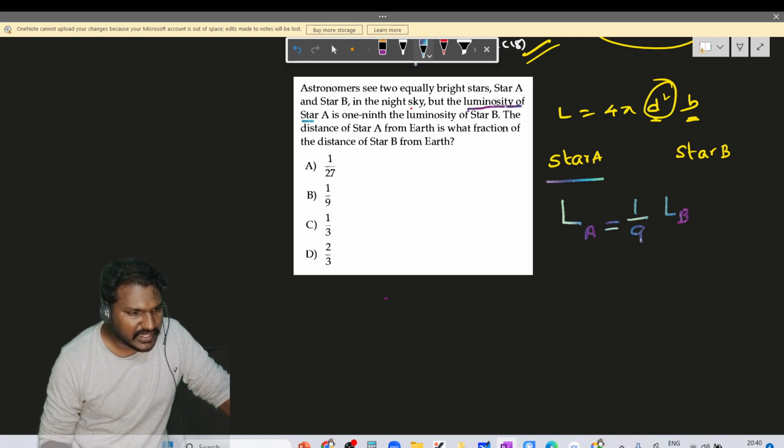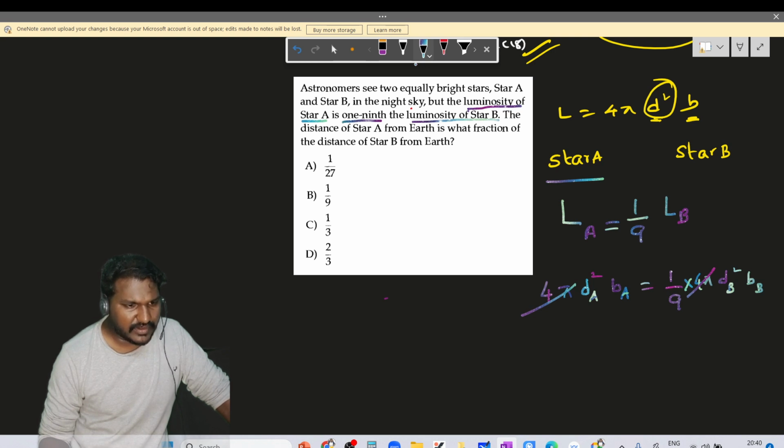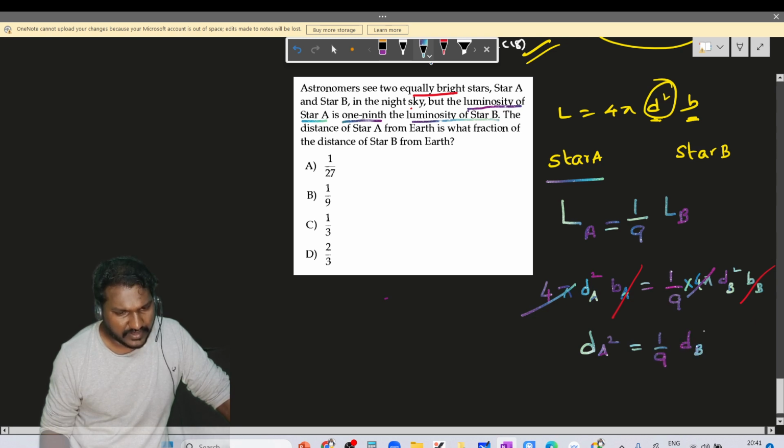So luminosity of star A is equal to 1/9 of luminosity of star B. Then we substitute the formulas: 4 pi dA square bA is equal to 1/9 times 4 pi dB square bB. The 4 pi cancels, and since bA and bB are equal because they are equally bright, we can cancel them too. So dA square is equal to 1/9 dB square.